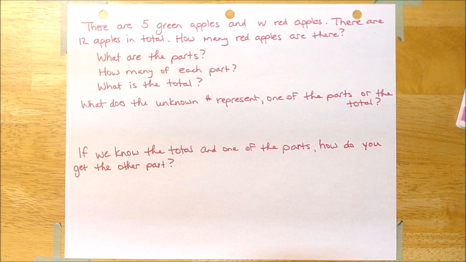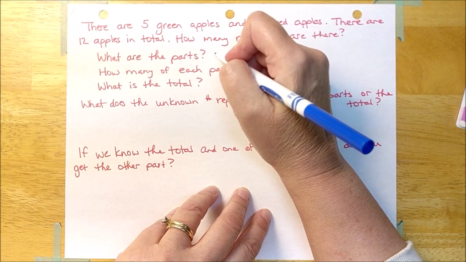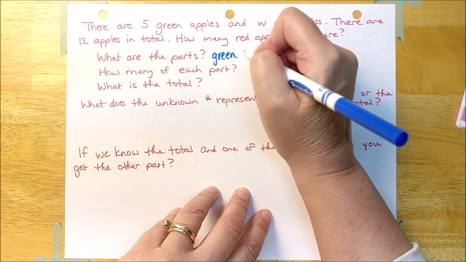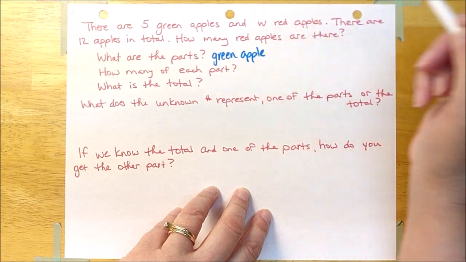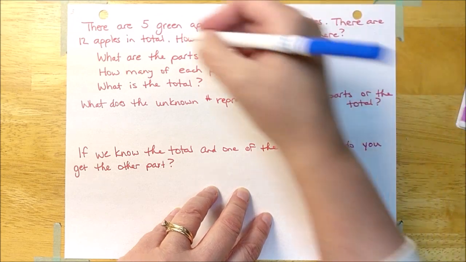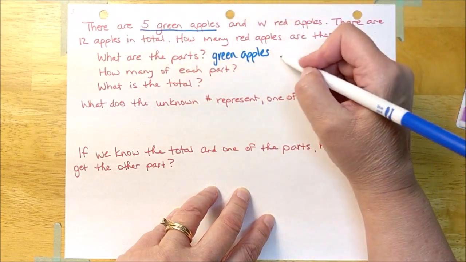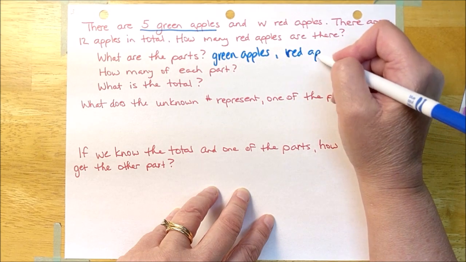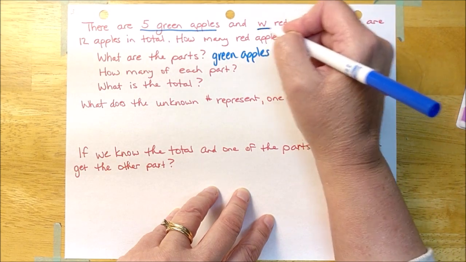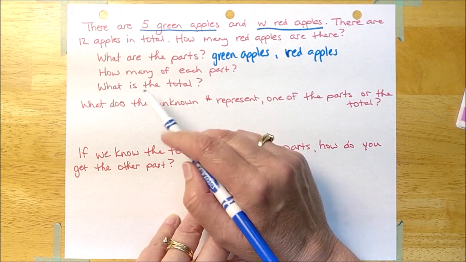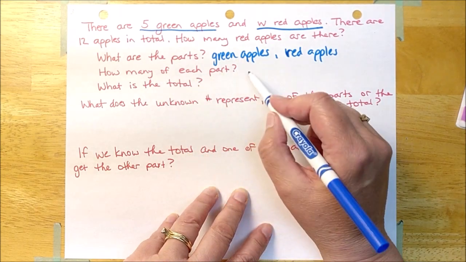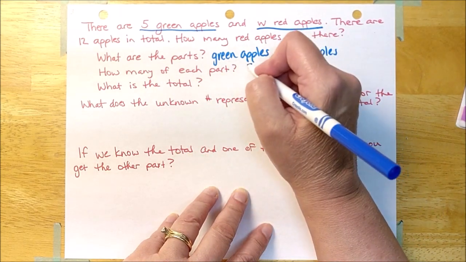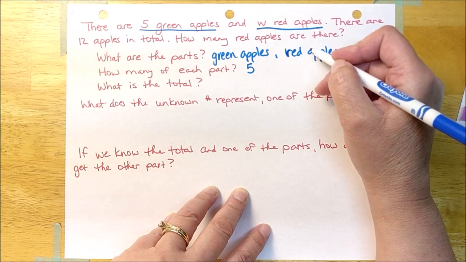So the parts in this question: the green apples is one of the parts, and my other part is the red apples. How many in each part? How many in the part of green apples? There are 5. How many in the part of red apples?